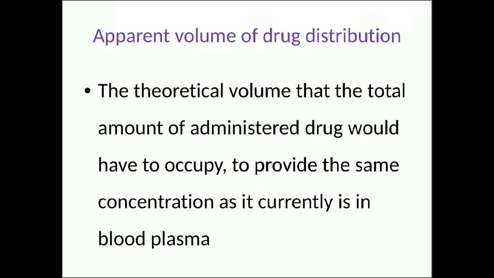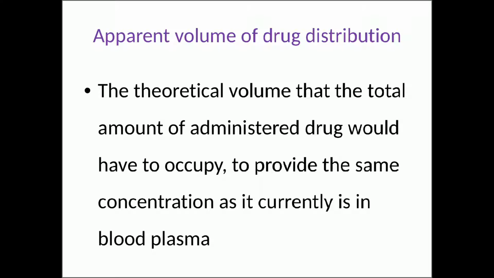So let us see what is apparent volume of drug distribution. It is the theoretical volume that the total amount of administered drug would have to occupy to provide the same concentration as it currently is in blood plasma.